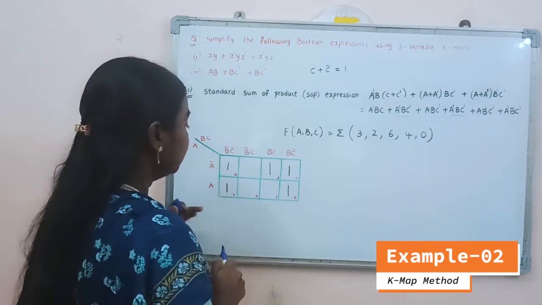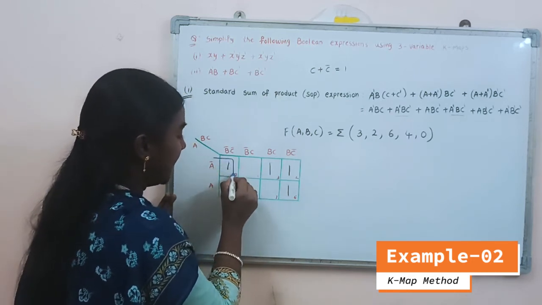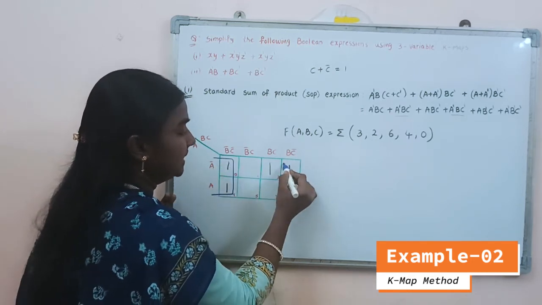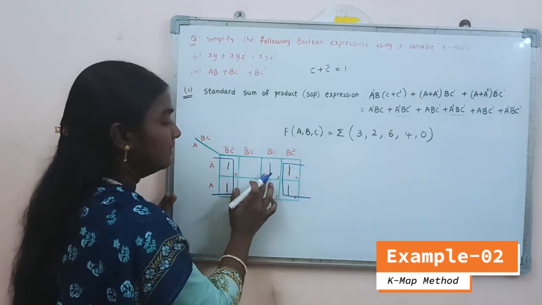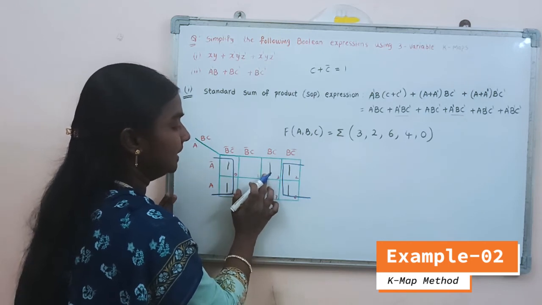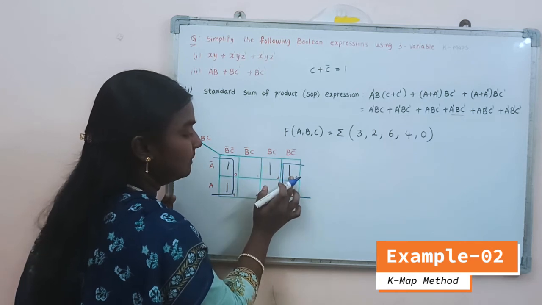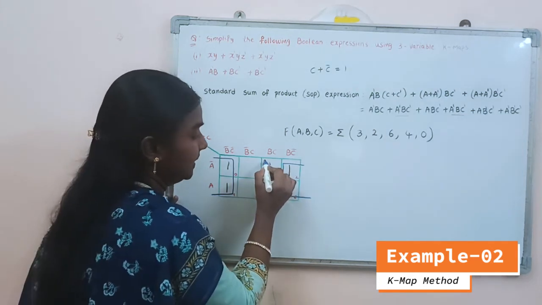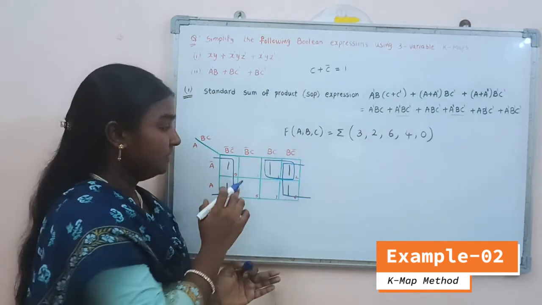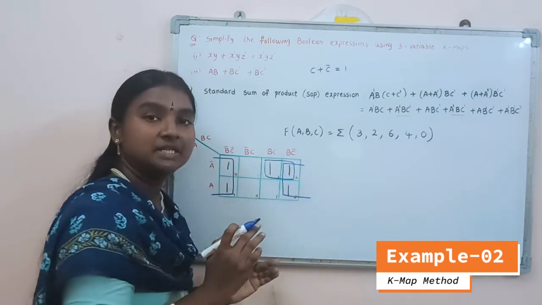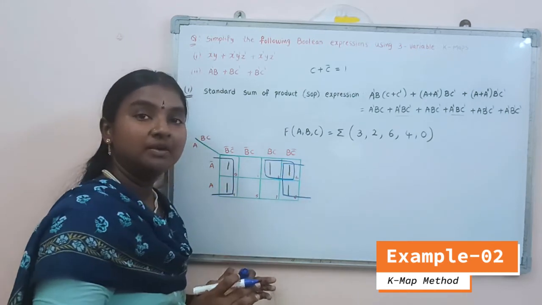If we observe this 3 variable K-map, M0 and M4 are adjacent, M2 and M6 are adjacent. And we are left over only with this M3 minterm. To combine this M3 minterm, the adjacent cell M2 also has 1 here, and by grouping these two cells, we can make a pair. If we are combining 4 cells, it will give a quad. If we are combining 2 cells, it will give a pair.